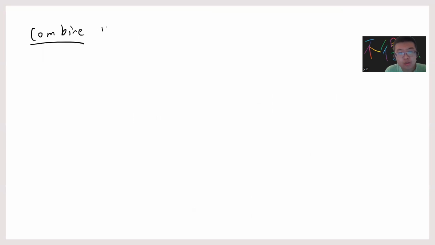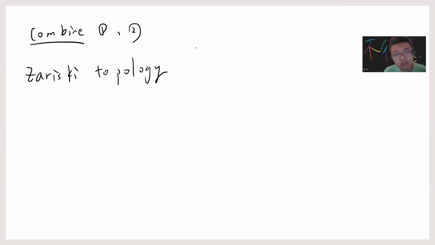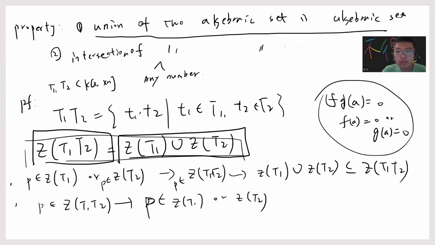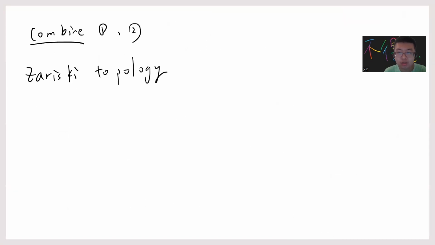Okay, so combining the previous one and this one, we get the famous so-called Zariski topology. Since the union of two algebraic sets is an algebraic set, and the intersection of everything is also an algebraic set, in the Zariski topology we define algebraic sets as closed sets.